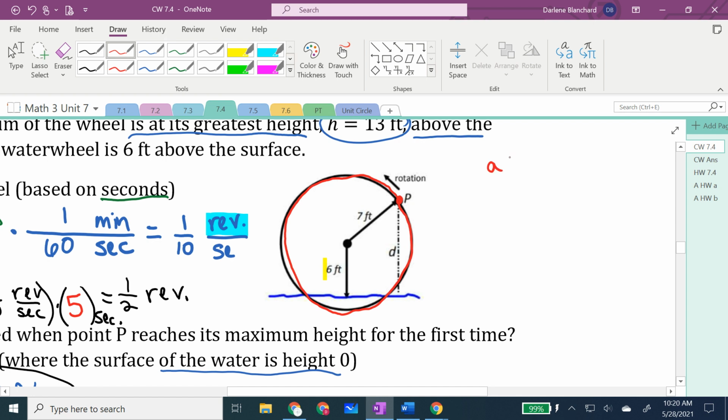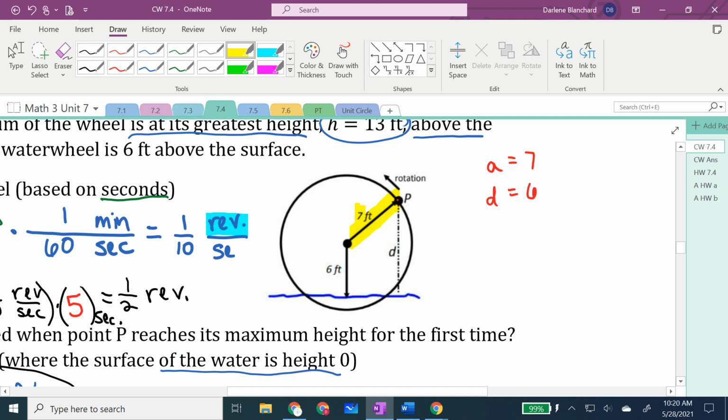The number we just put down for A was 7, and the D was 6. Now the A is the amplitude, and if you look at this word problem, you should notice that the radius of that circle is 7.